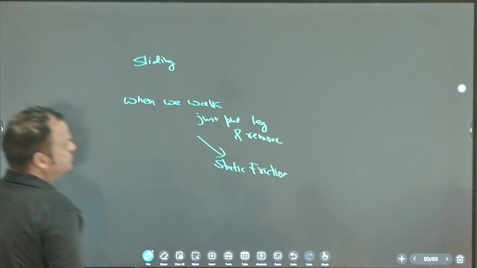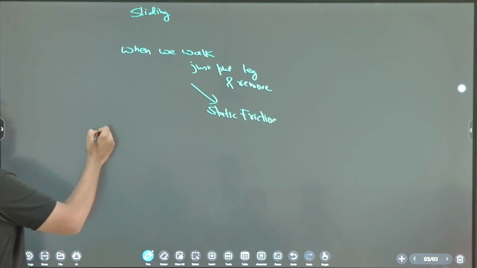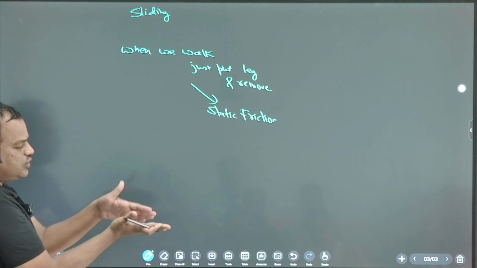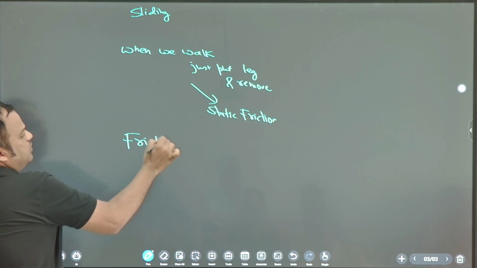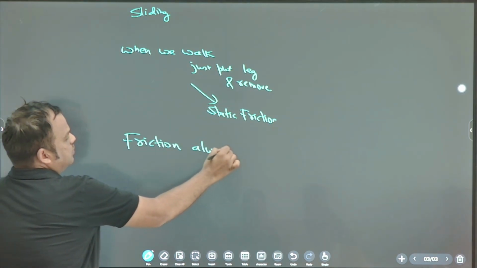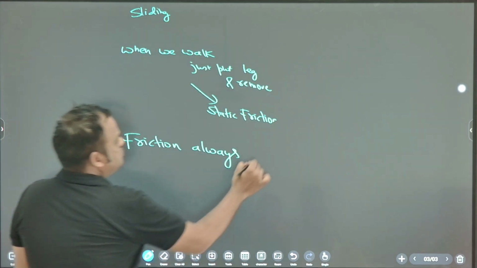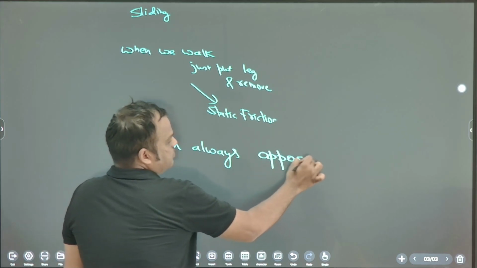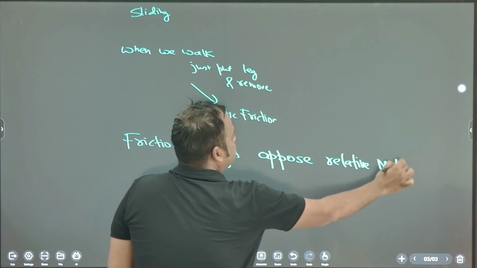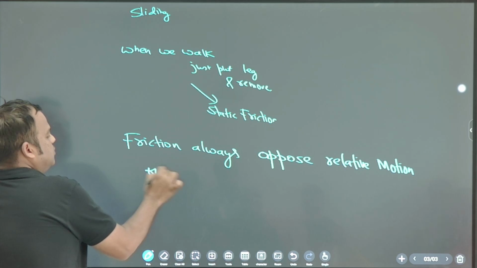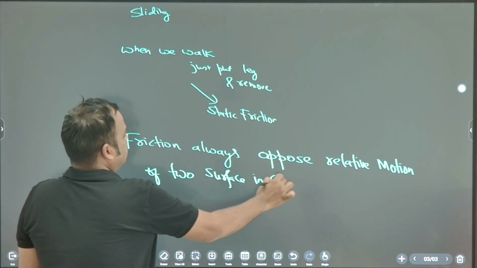Correct. True. Friction always opposes relative motion between the two surfaces in contact. So I am writing that friction always opposes relative motion of two surfaces in contact.